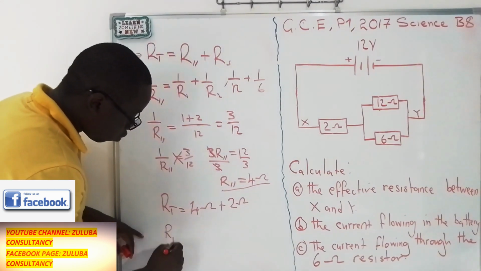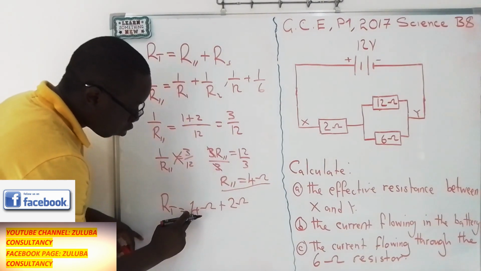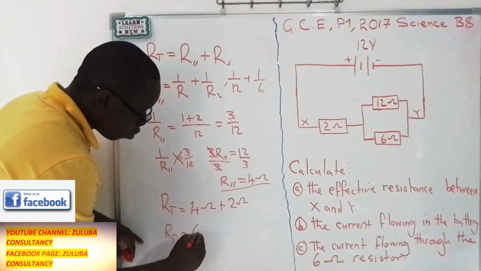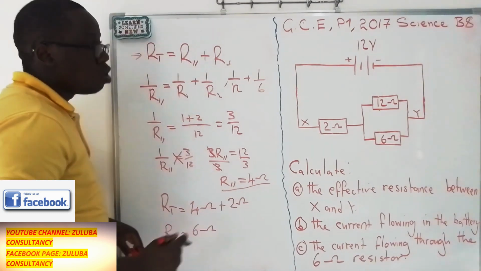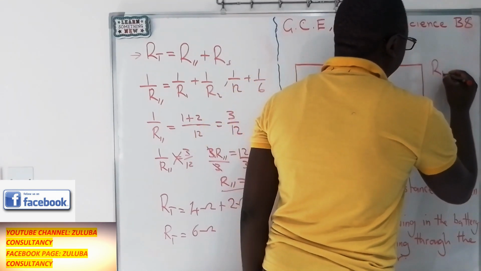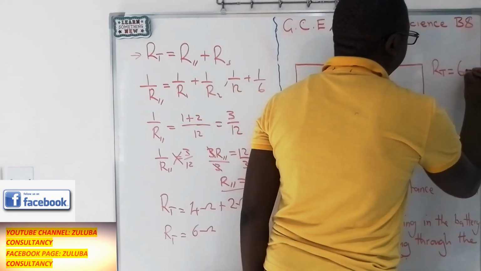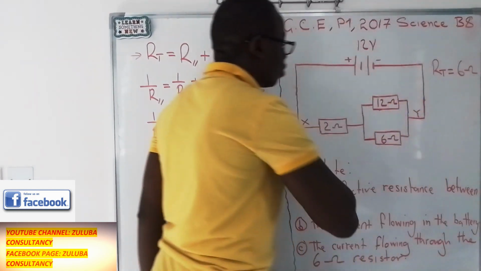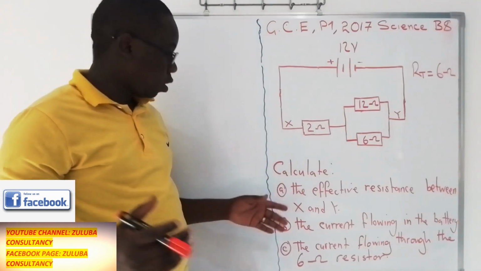So the effective resistance then becomes 4 plus 2, which is 6 ohms. So we can even put this information here to say the total or the effective resistance is 6 ohms in this circuit.